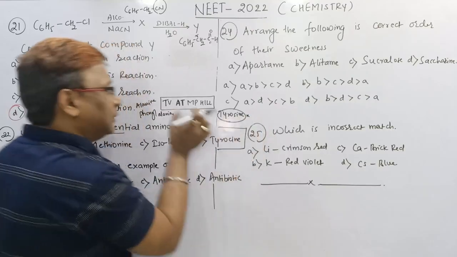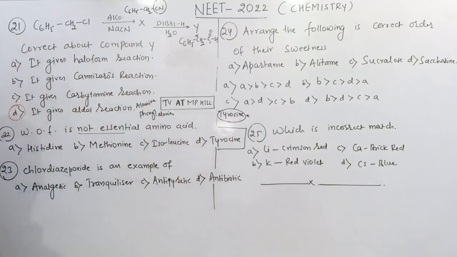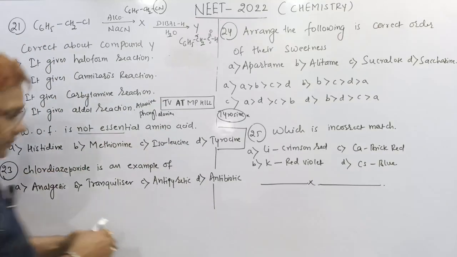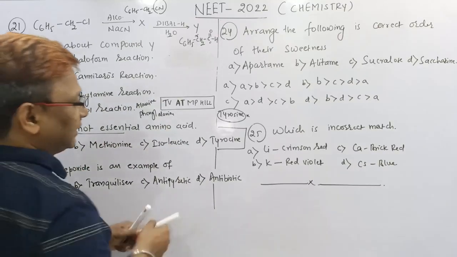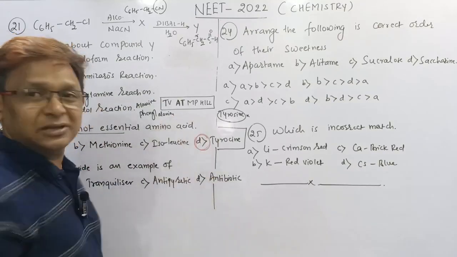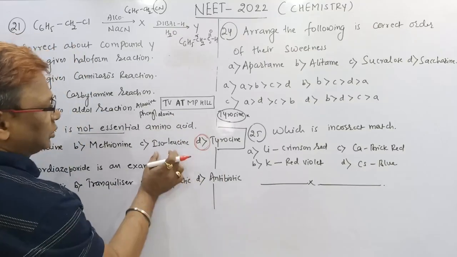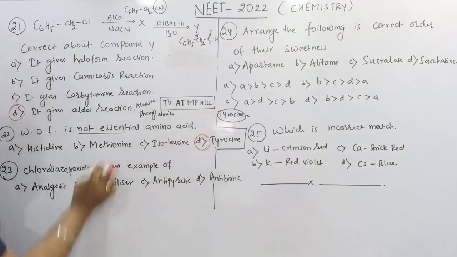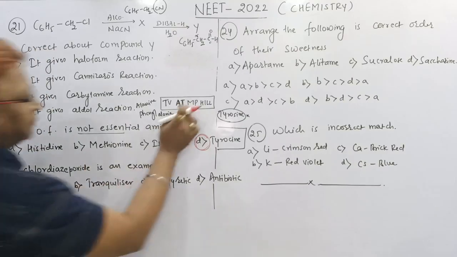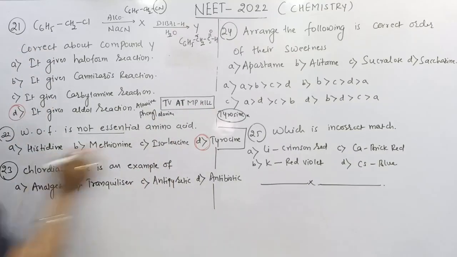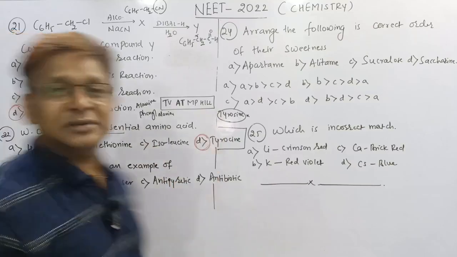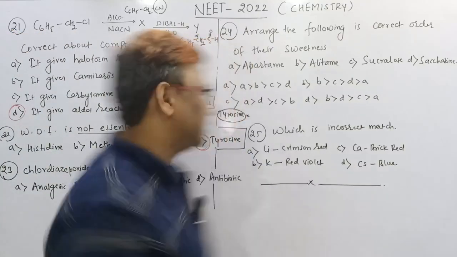Other than tyrosine, the remaining T are essential. So obviously, we see here tyrosine is a non-essential amino acid. See, beta, isoleucine, I came here. Methionine, M came here. Histidine, H came here. They all are essential except tyrosine, which is the non-essential amino acid.